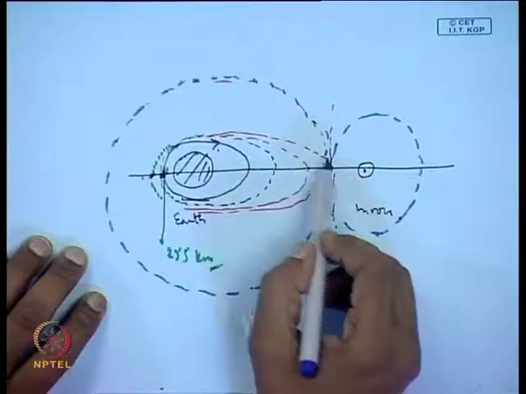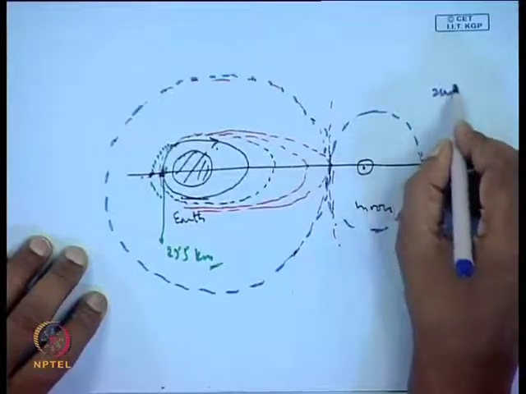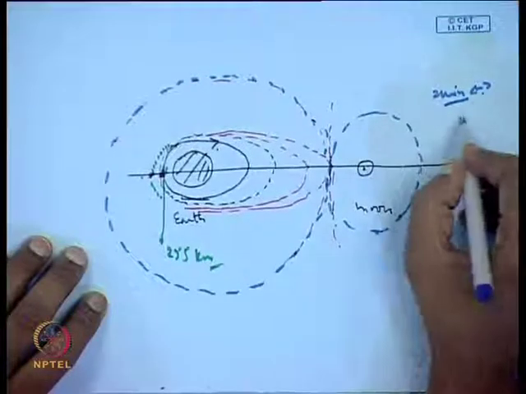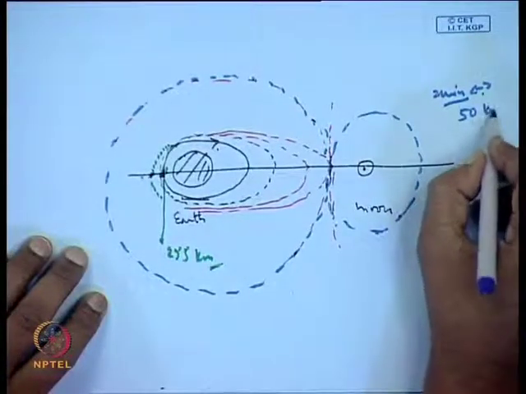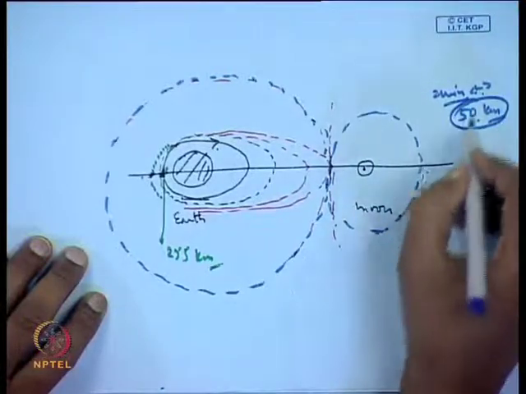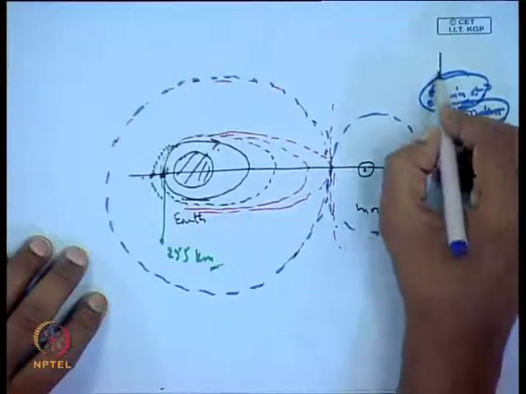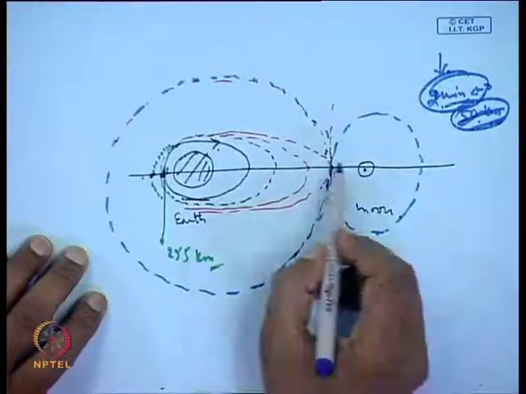Once it reached here, there was a window of 2 minutes. This was around 50 kilometers, as far as I remember. This was a very short period in terms of time, only 2 minutes.